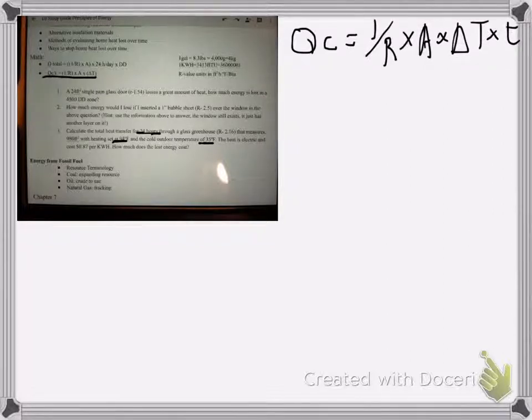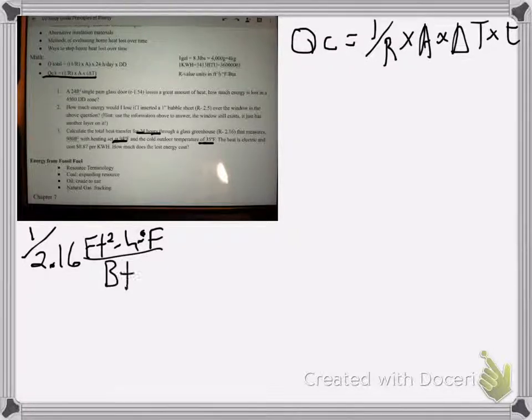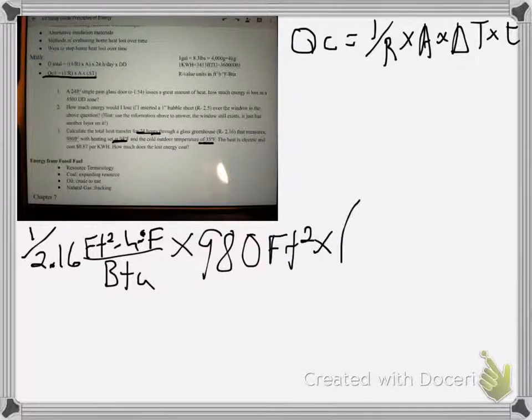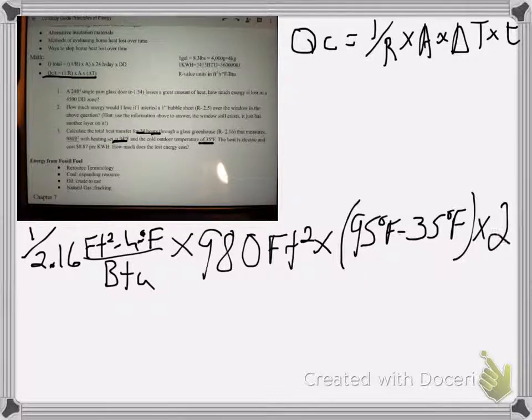So now I just have to plug all these pieces into the equation. I'm going to have 1 over my 2.16, and that's in feet squared, hours, degrees Fahrenheit over BTU, times my area of 980 feet squared, times my change in temperature, which is 95 degrees Fahrenheit minus 35 degrees Fahrenheit, so that's going to be 60, times my 24 hours.